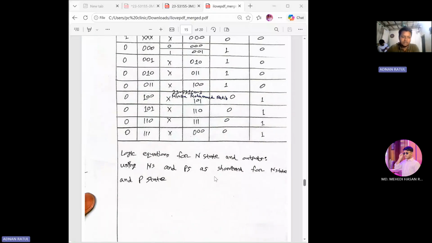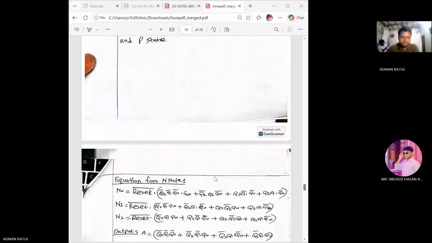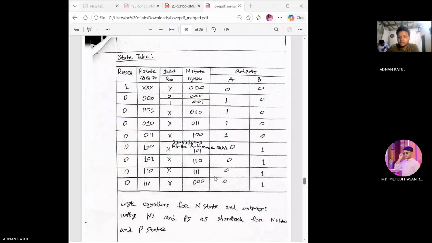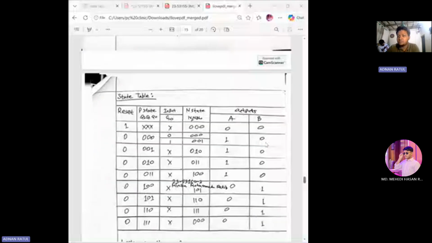Then I will describe the state table. The state table shows every state transition in the FSM. I have three columns for the present state, bits Q2, Q1, Q0, and three columns for the next state N2, N1, and N0.